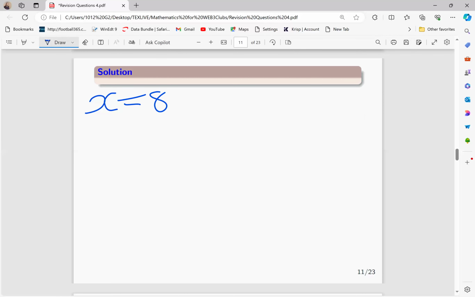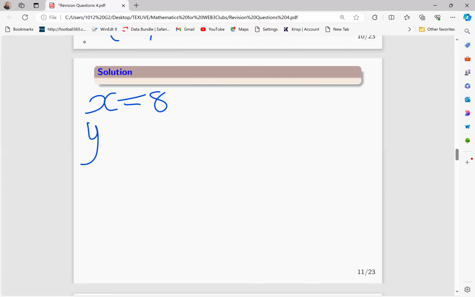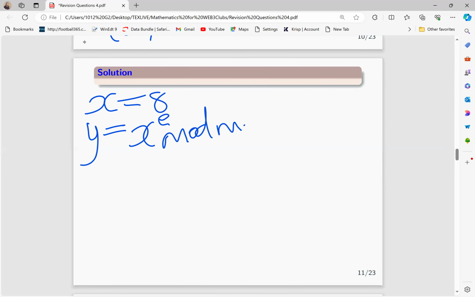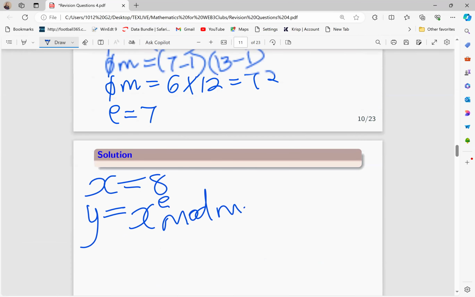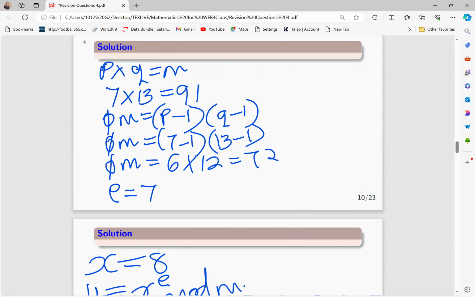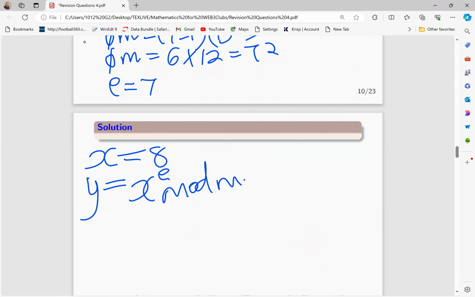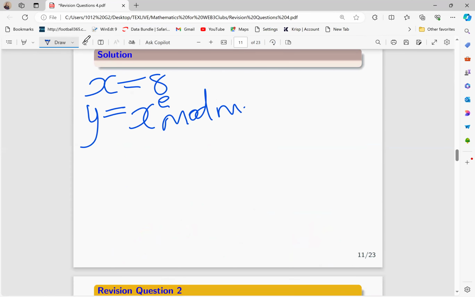So we want to change this plain text X into a ciphertext Y. To do that, we say Y equals X power E mod M. What is the value of M? It was 91. Yes, 91. So our M is 91.